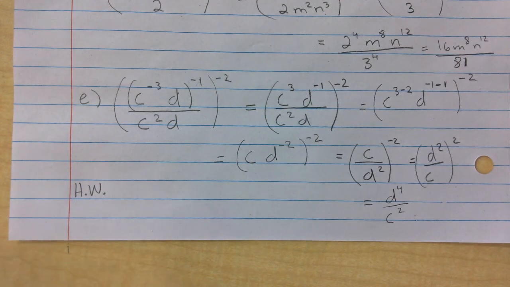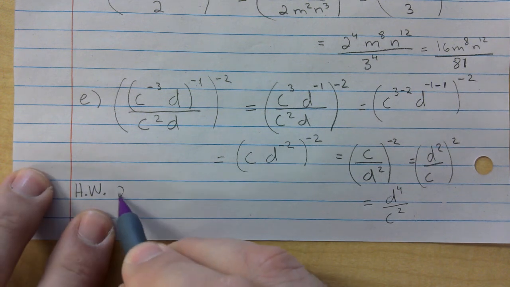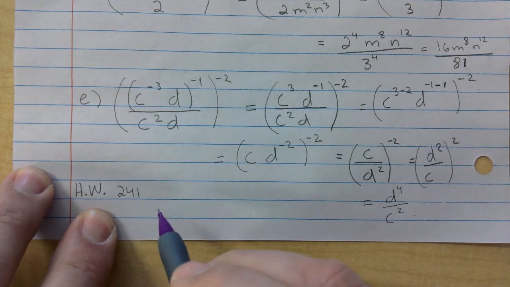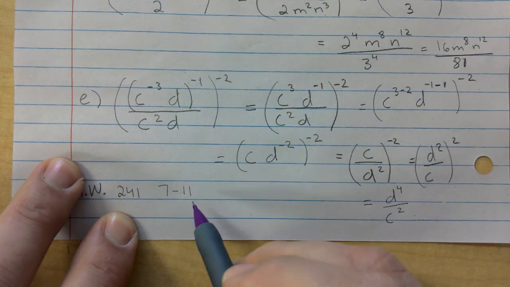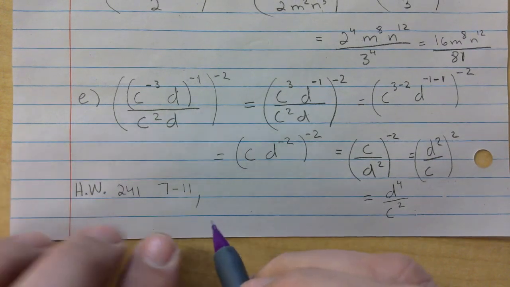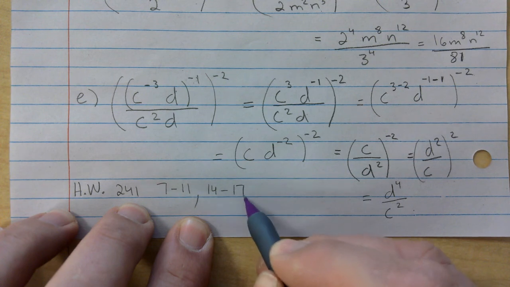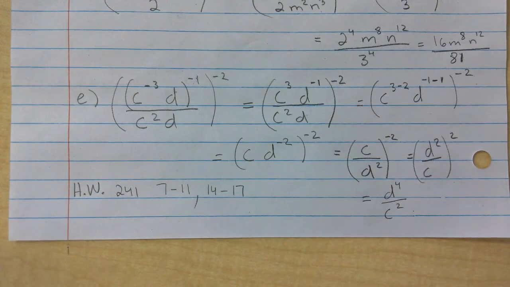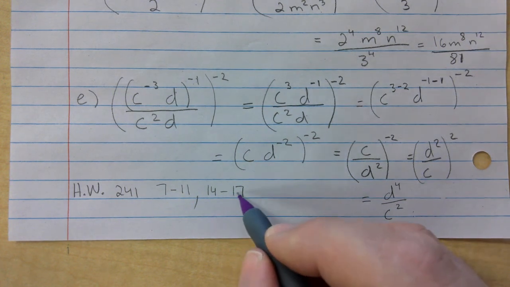Homework. Let me just make sure I get this right. 241. 7 to 11. I'm sure some of you are going to go to 7-Eleven to get a Slurpee, right? Just because of that. And 14 to 17. Let me just check. Identify error, 17.